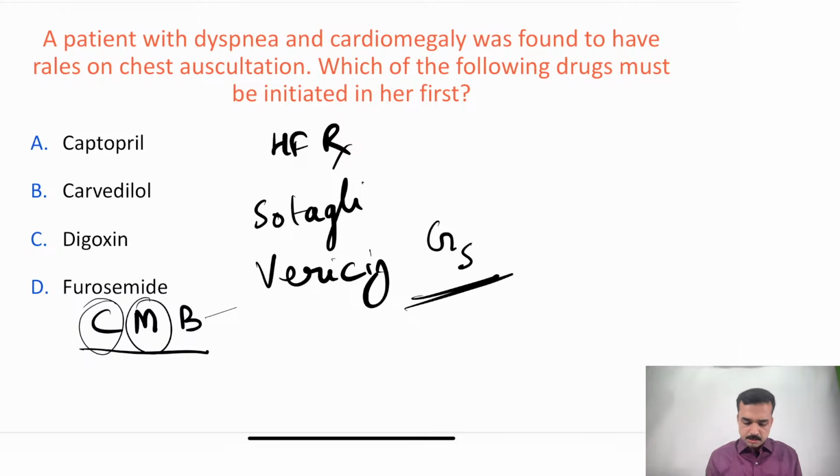So you guys can tell me in the comment section which is the third beta blocker which has mortality benefit in heart failure. Other than these, of course, ACE inhibitor, ARB, these are the first agents to be started. And the first anti-remodeling agent to be started in a patient with heart failure is always ACE inhibitor or ARB, preferably ACE inhibitor. ACE inhibitors are better at reducing the chances of left ventricular hypertrophy development.